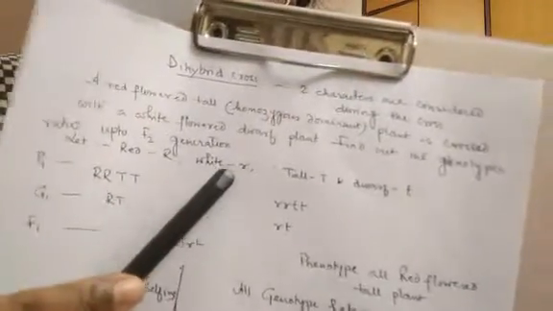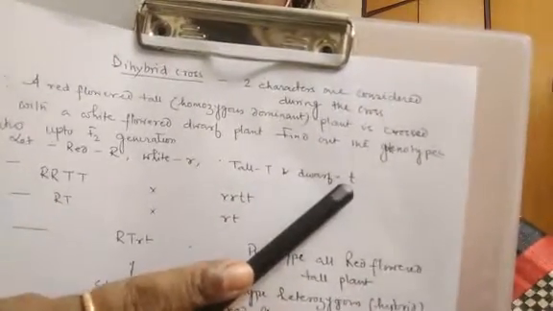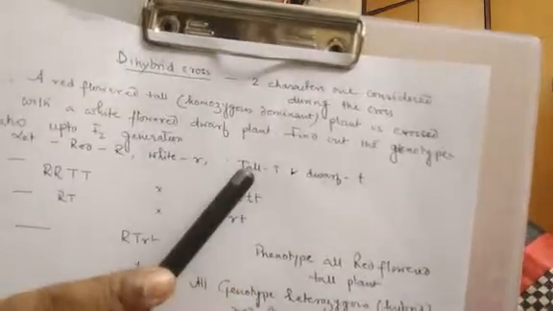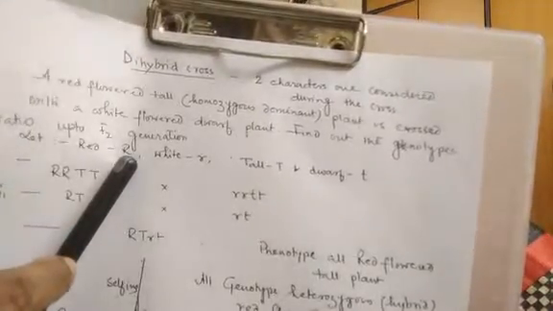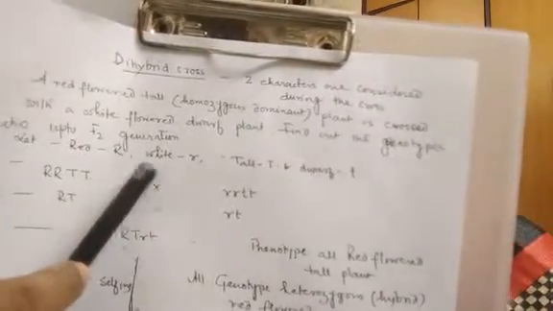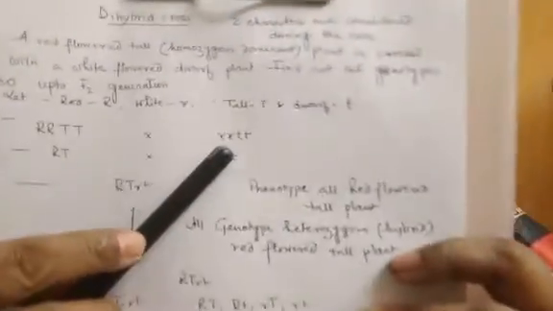So we are considering small r for white since it is recessive, and small t for dwarf since it is also recessive. And we all know that recessive traits can express themselves only in the homozygous condition. So the genotype of the other parent will be small r small r, small t small t.